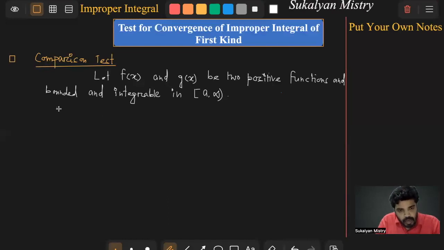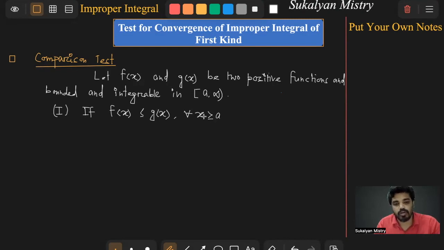Then number one, if fx less than or equal to gx for all x greater than equal to a, and integration a to infinity fx and integration a to infinity gx dx, this is convergent.